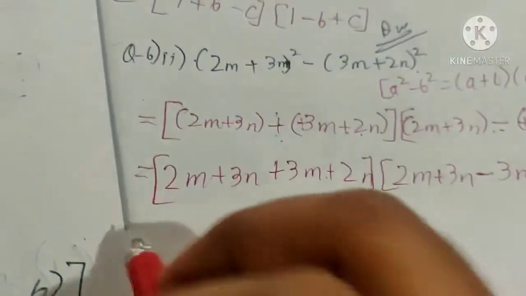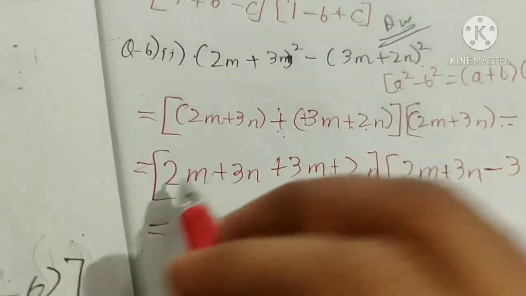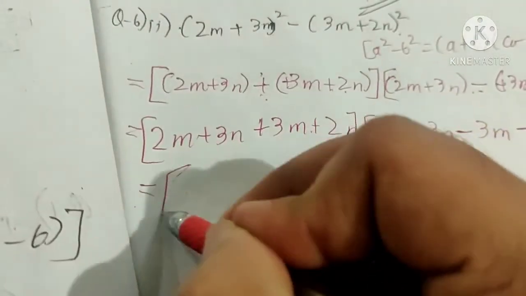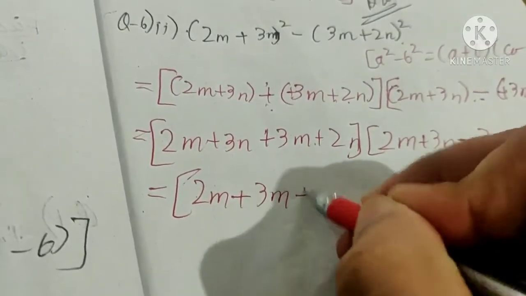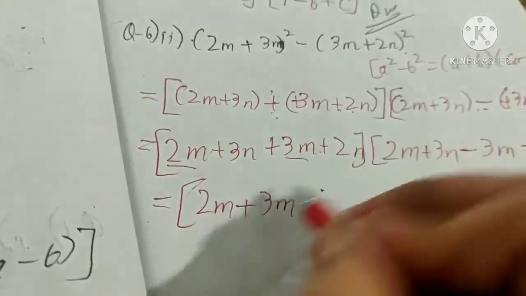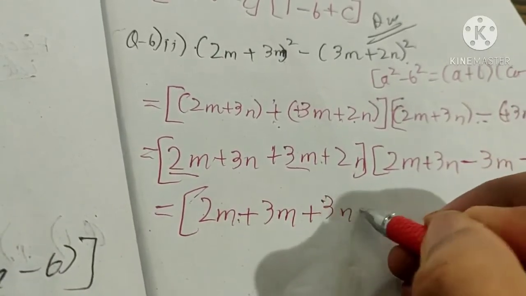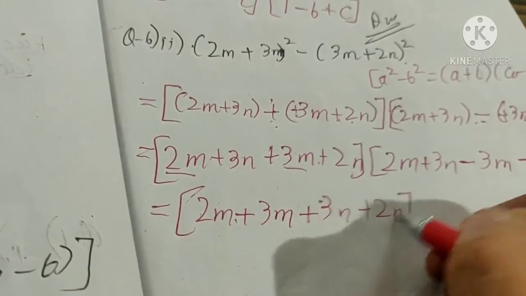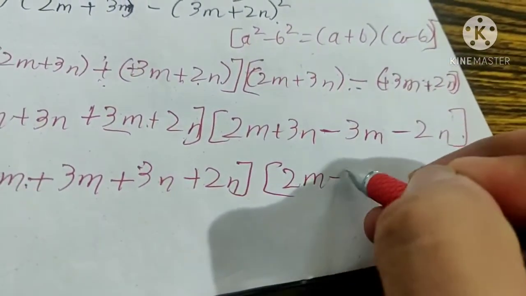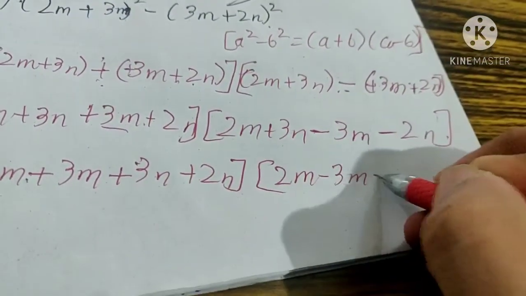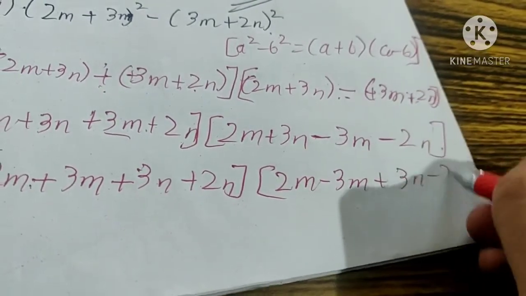Okay. So if we see, there are like terms present inside the bracket. That is 2m plus 3m, these are m terms, and 3n plus 2n, these are n terms. And here also 2m minus 3m and 3n minus 2n.